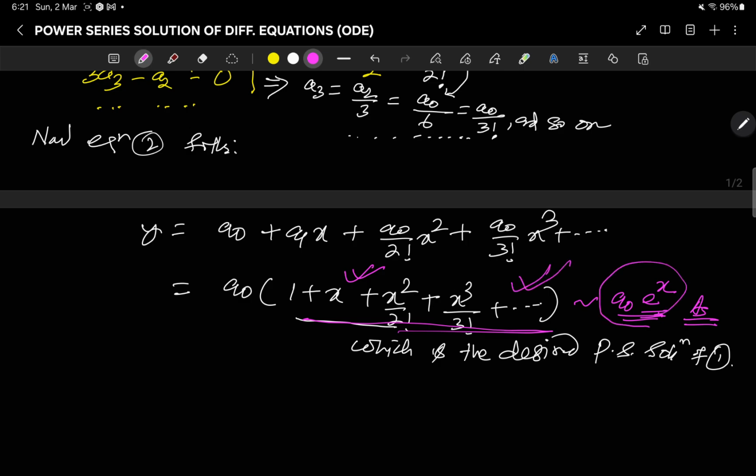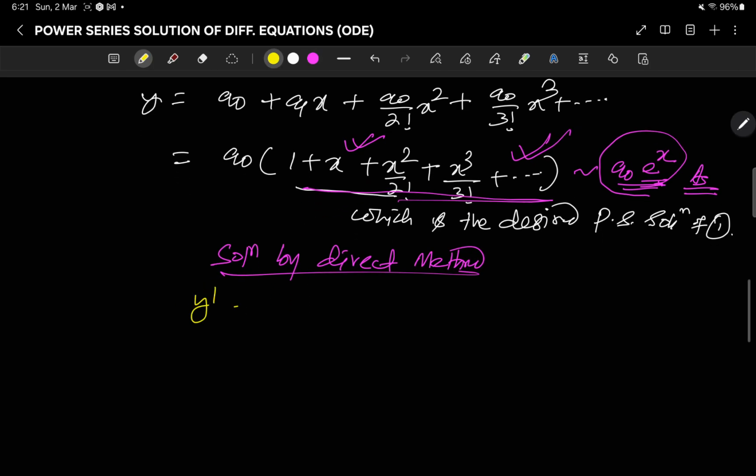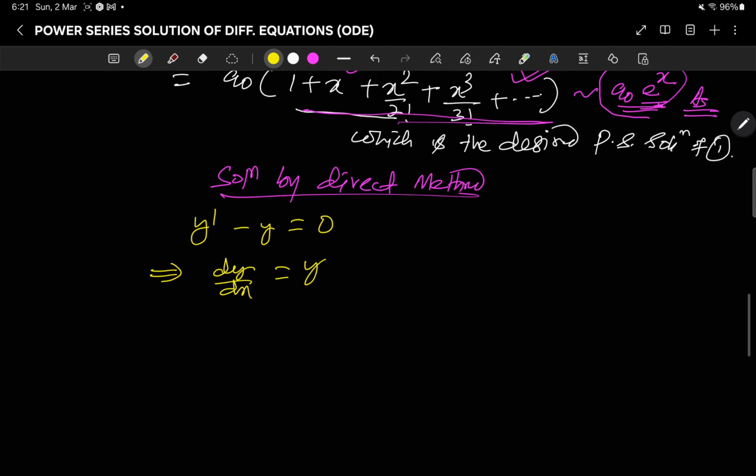But if I solve by direct method, here y dash minus y is equal to 0. By simply the variable separation method, dy by dx is equal to y, so that means dy by y is equal to dx.